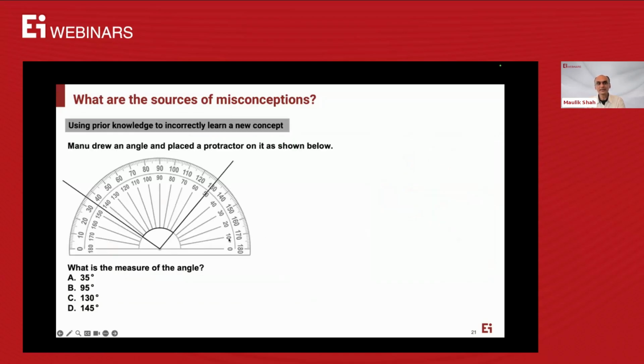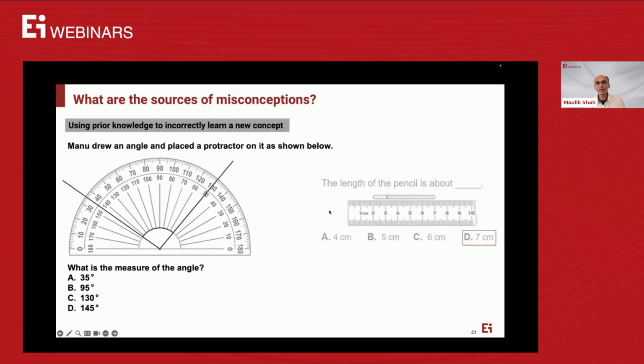Let's say in this case, this is because of inappropriate use of prior knowledge. In case of length measurement, they've understood that wherever the endpoint lies, that is the length. They will use the same understanding and extrapolate that for angle measurement as well, to answer 145 degrees over here.